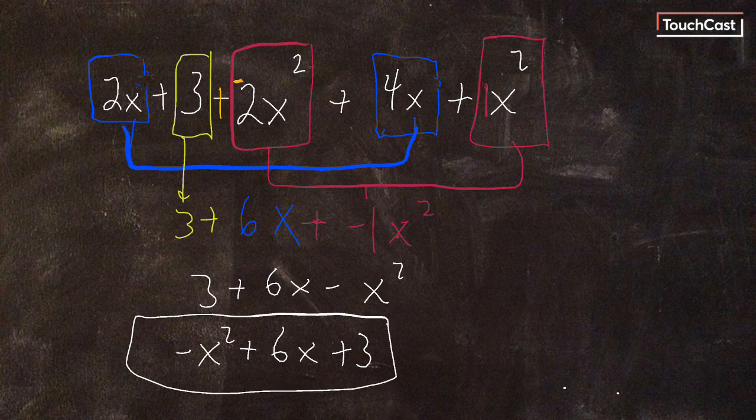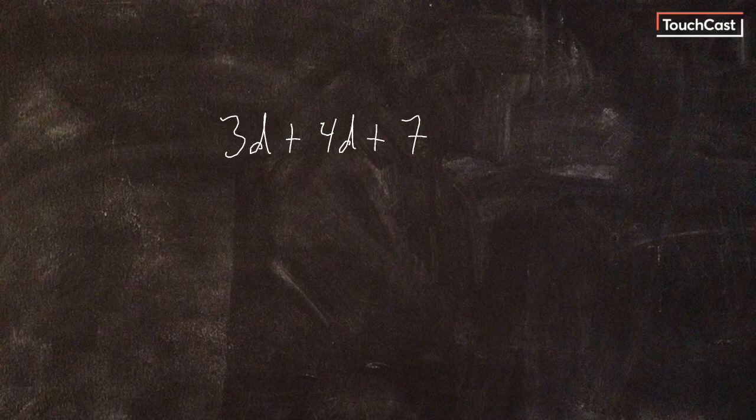So let's try another example. Let's try 3d plus 4d plus 7. Here, you see that the like terms in this expression are 3d and 4d because they have the same variable and they have the same exponent.